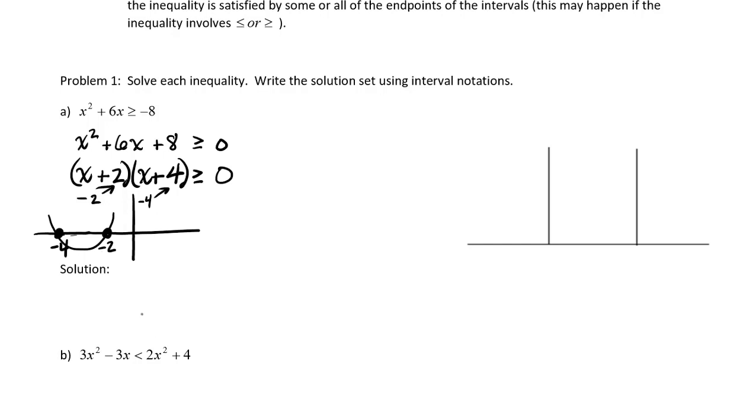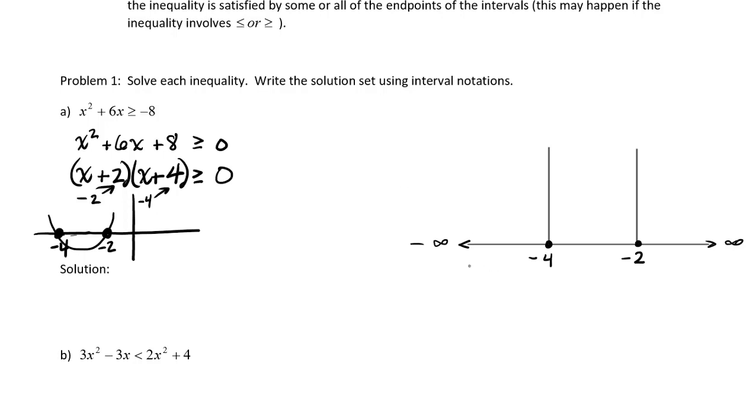But using the steps given, we know that with those factors, we have values that break the intervals at -4 and at -2. Since those are my interval breaks, I will write interval notation for each interval. On the very far left, we have -infinity, and on the right we have +infinity.